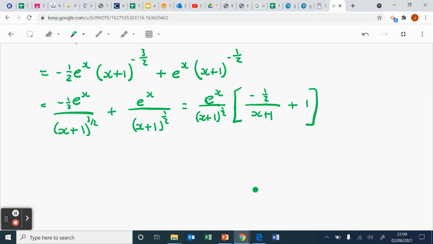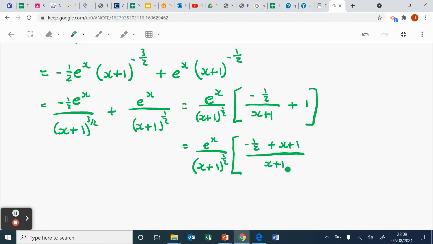So if I were to add the fraction in the box, I'd get e to the power of x over the x plus 1 to the power of a half. And then here, I'd have minus a half plus, if this 1 becomes x plus 1 over x plus 1, that becomes minus a half plus x plus 1 on top, and it's all over x plus 1.